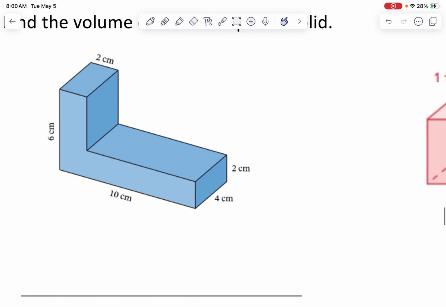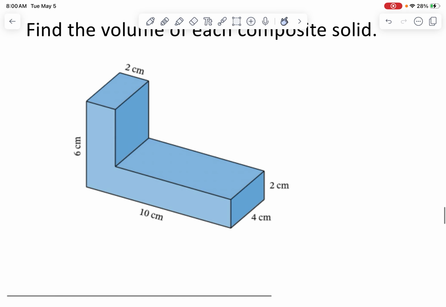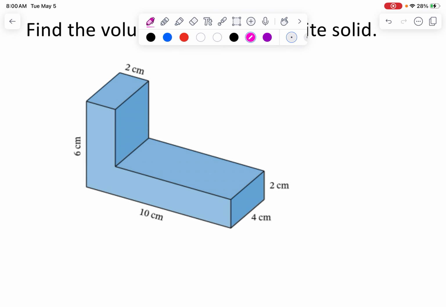So when you do the volume of these, it's best to just kind of break these apart. So I would probably say I'm going to look at this prism first and then this one. If I look at that little piece that's up, I know all the way across is 10, and then there's 2 centimeters right here.